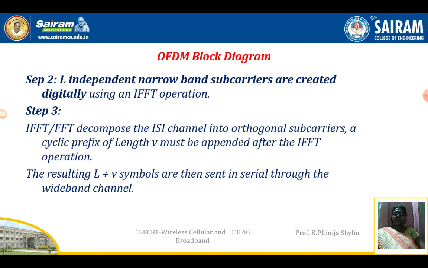Now coming to step 3, the ISI channel. Now we are decomposing the ISI channel into orthogonal subcarriers. We are adding a cyclic prefix of length V, as we have seen in the diagram. Then the result will be L plus V symbols, which go to the parallel to serial converter, to send serially through the wideband channel.